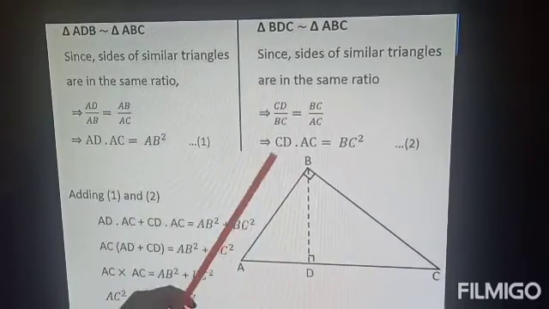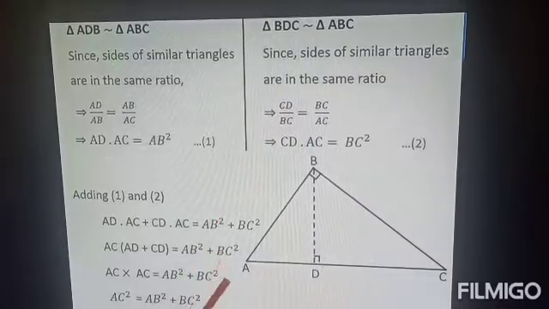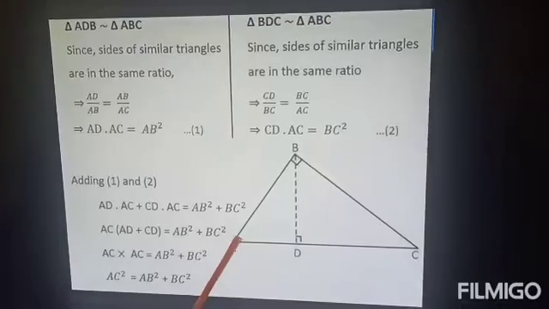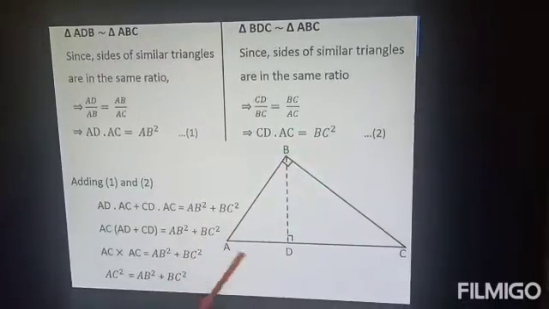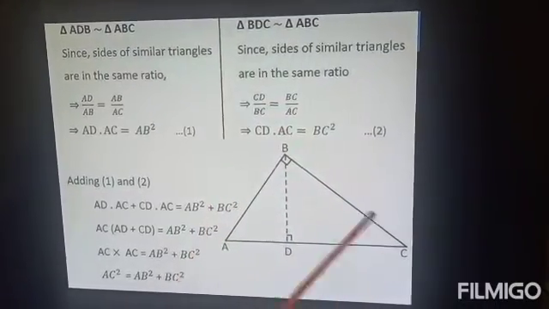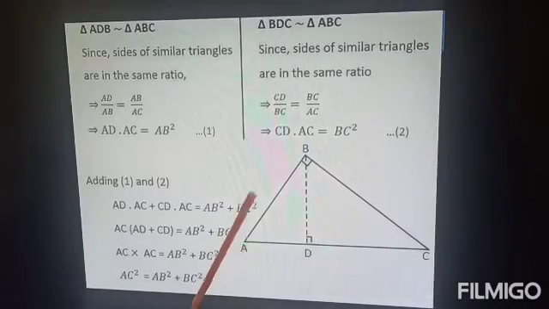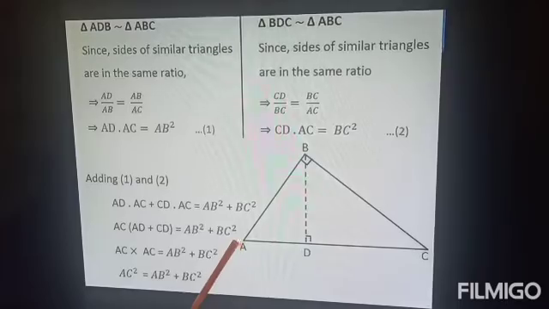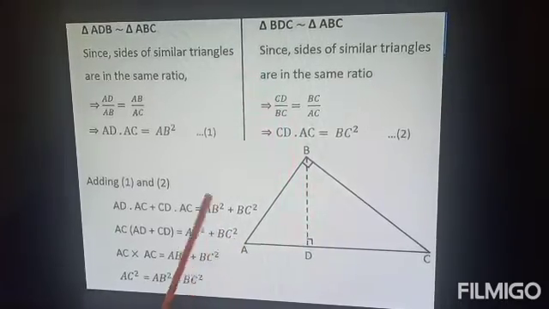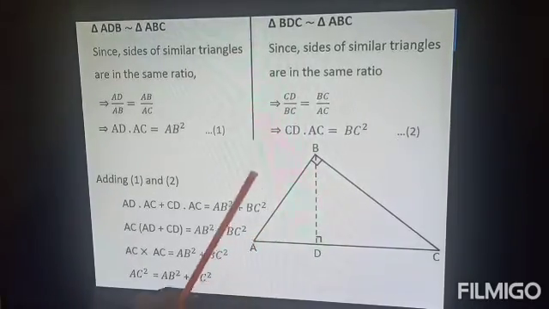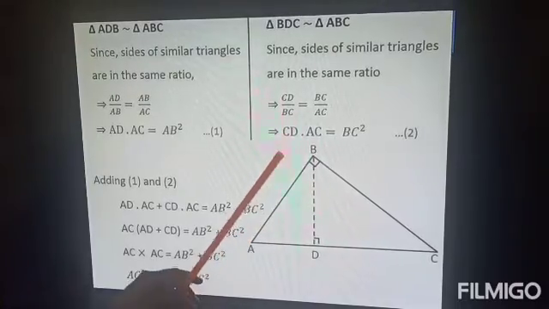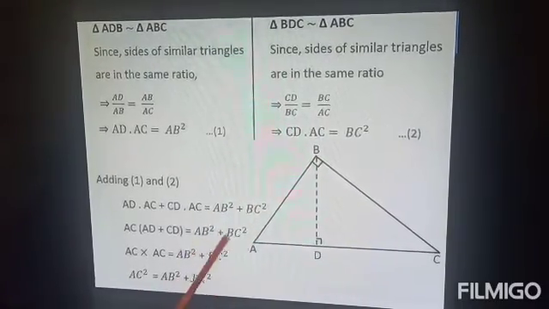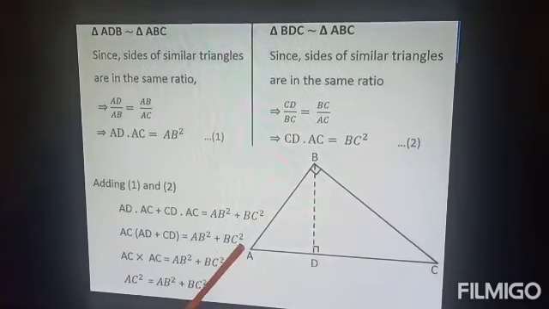See, this triangle and the given triangle ABC, those 2 are similar because angle A is common in both the triangles. In triangle ABC there is angle A, and if we take only this part, in that also angle A. One angle is common in both the triangles, that is one pair of angles equal.